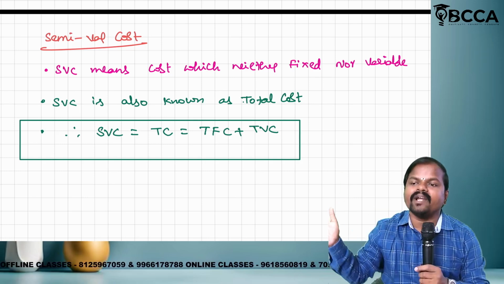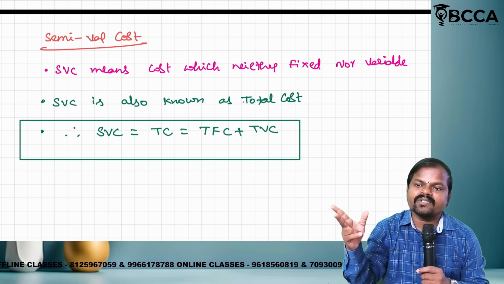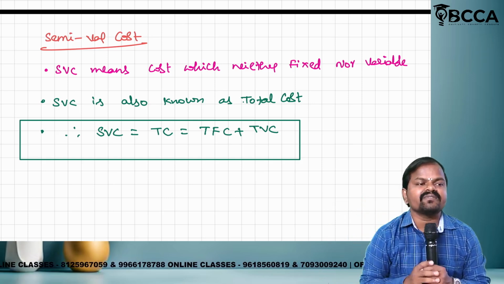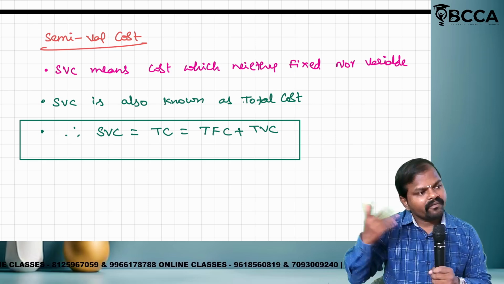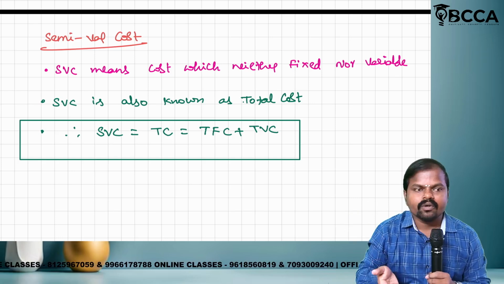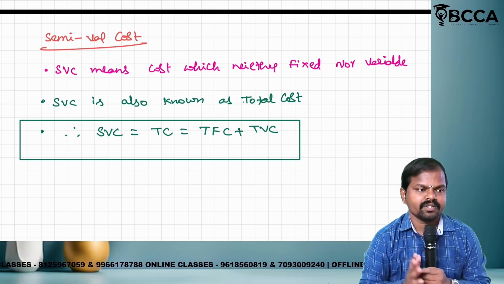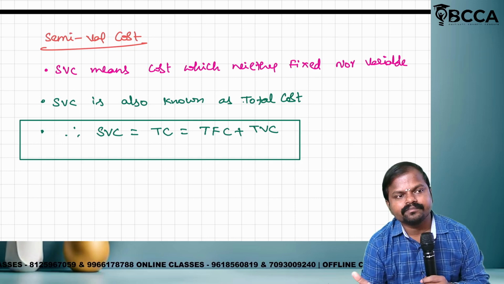Then I will go for testing of fixed cost. If both conditions are satisfied, I can write fixed cost. If any one condition is not satisfied, I will conclude it is not a fixed cost. Variable cost no, fixed cost no, then I will conclude semi-variable cost. Is it clear?